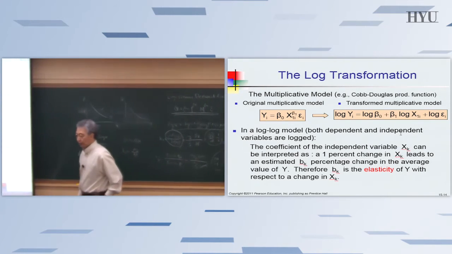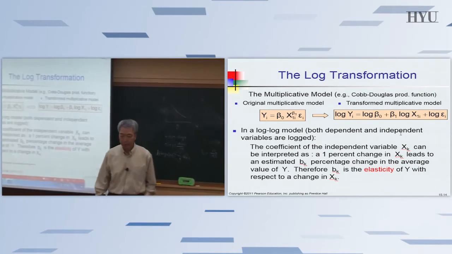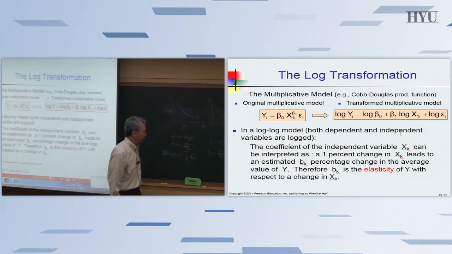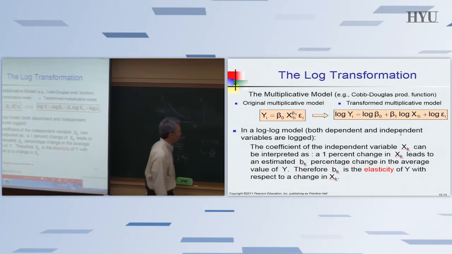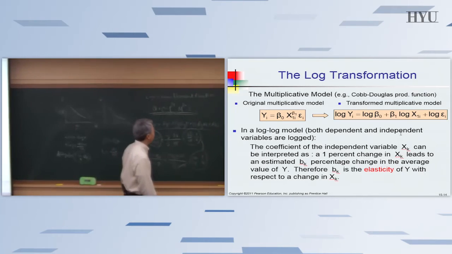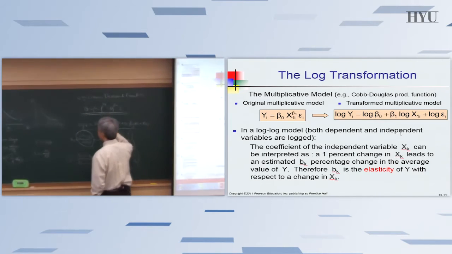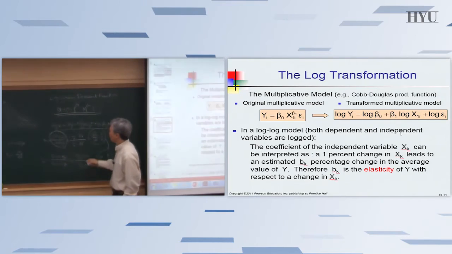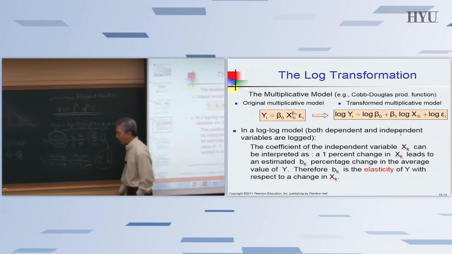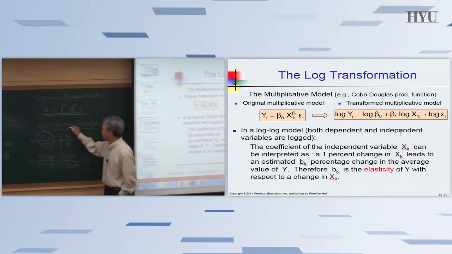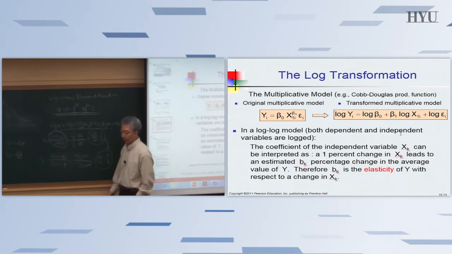In managerial economics, we use that as an example, right? So anyway, the point here is, when you have a multiplicative model like this, you can convert it into an additive model by taking log of both sides, right? Then the interpretation of the coefficient becomes elasticity.